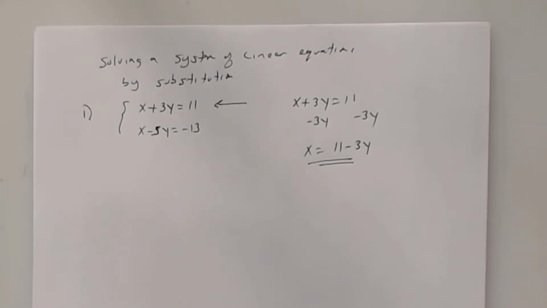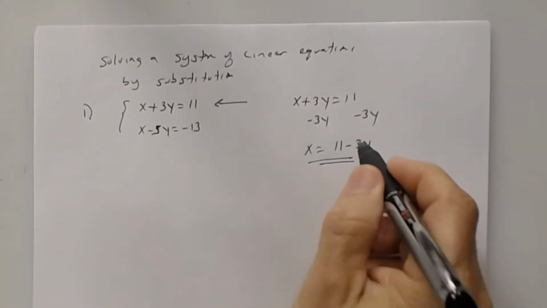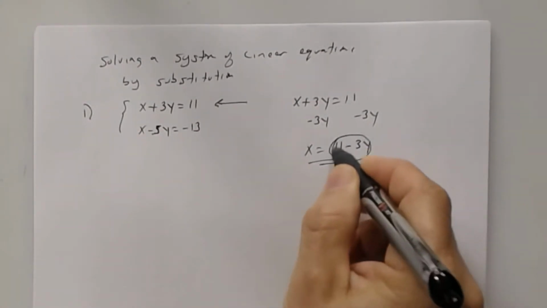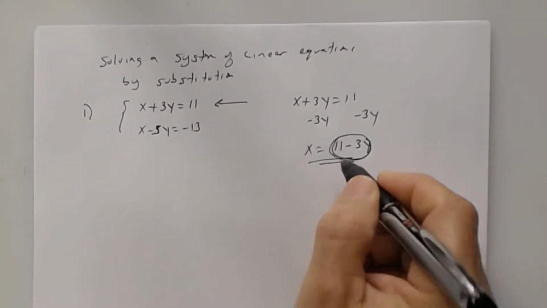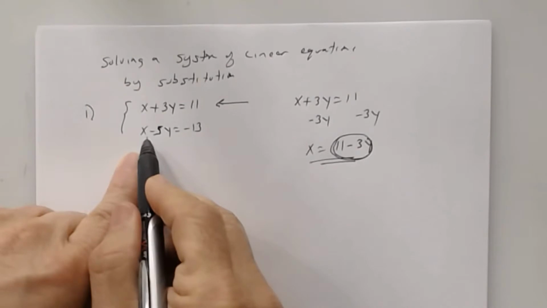Now, remember this is called substitution, right? So that means I take what I just found and substitute it into the other equation. So step 2 says: substitute the expression from step 1, meaning this right here, into the other equation. So this is the other equation, right?